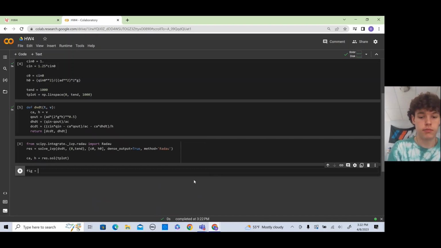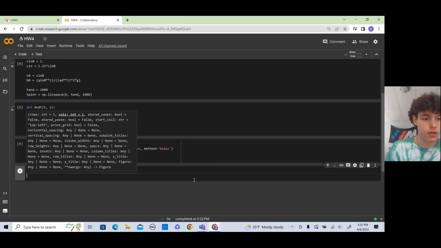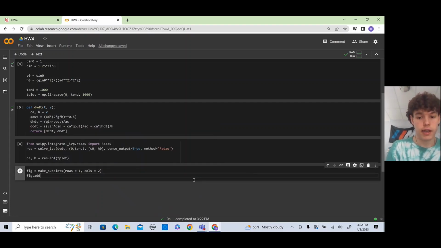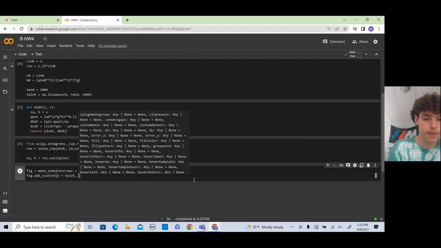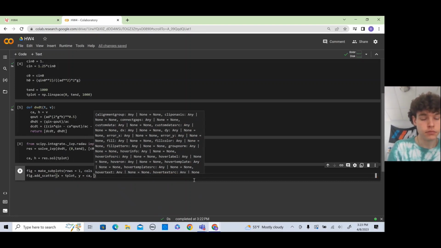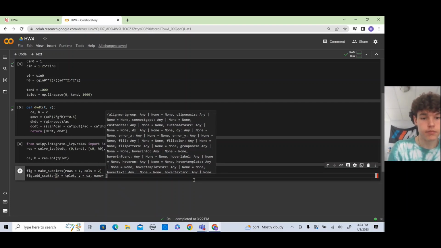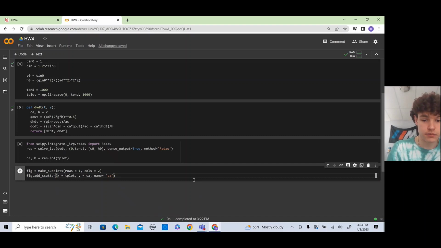So our fig make subplots, rows equal 1, cols equal 2. And we'll move on, fig.add scatter. Our x will be our t-plot. Our y will be our CA. Our name for this will be CA.